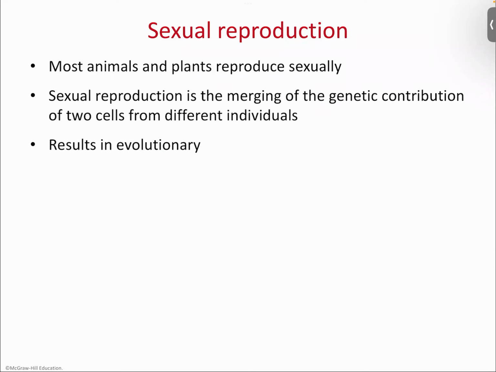So when you think about it, evolution is a genetic idea. Why? Because evolution is the change in species over time. How do species change? They change by changing their traits, and their traits are governed by genetics. So evolution at its core is and always has been a genetic idea.